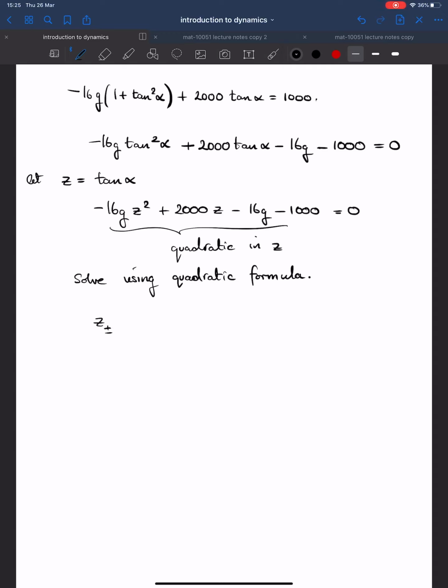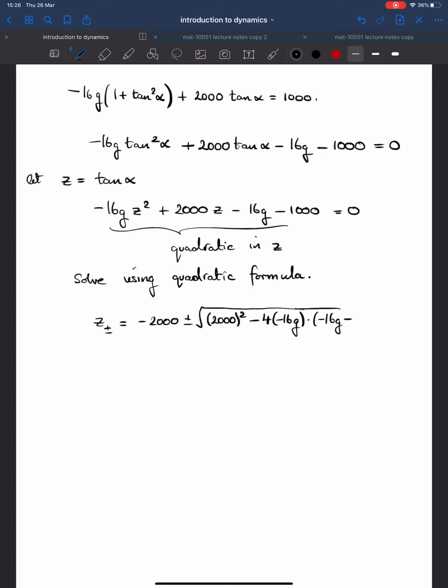So z plus minus is minus 2000 plus or minus the square root of b squared minus 4 times minus 16g, and then multiplied by c, really nasty numbers.